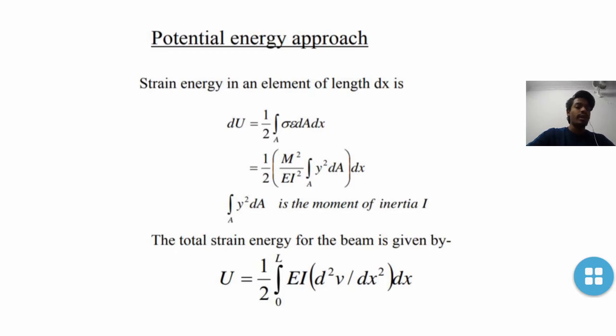Here the integration of y square dA is the moment of inertia, that is I, and the total strain energy for the beam is given as U equals half integration 0 to L EI into d square v by dx square into dx.